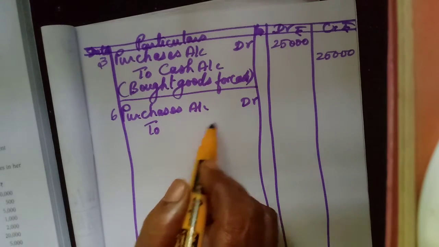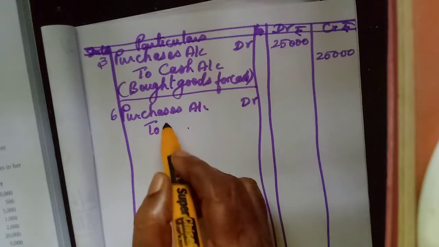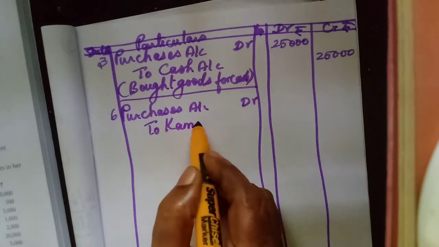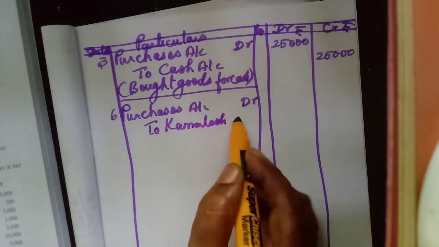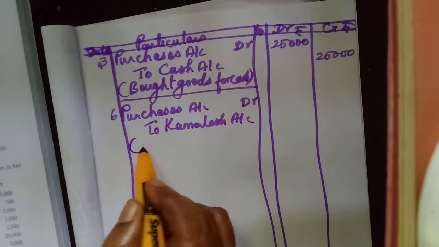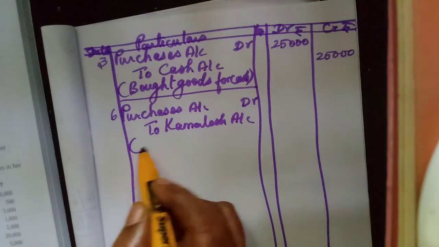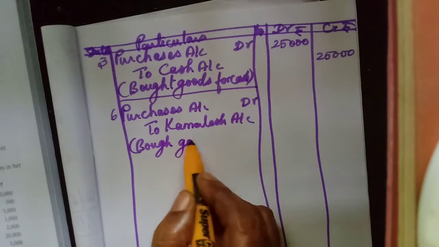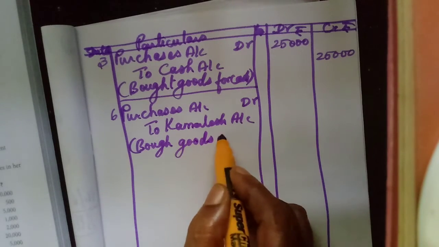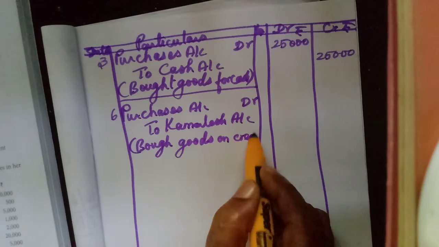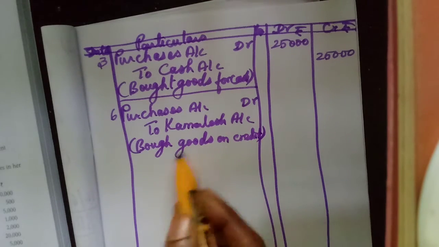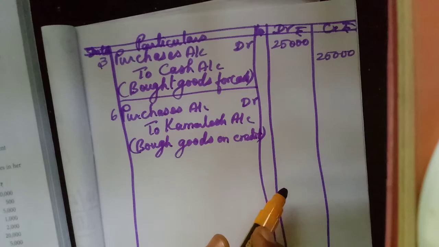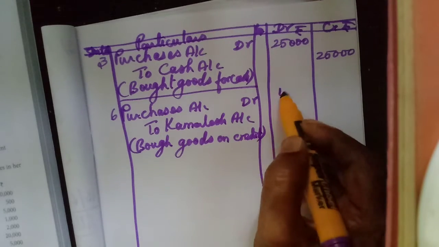So personal account, he is the giver. So to Kamalesh account. Then write the narration, bought goods from Kamalesh on credit. Fully we can write. 15,000.